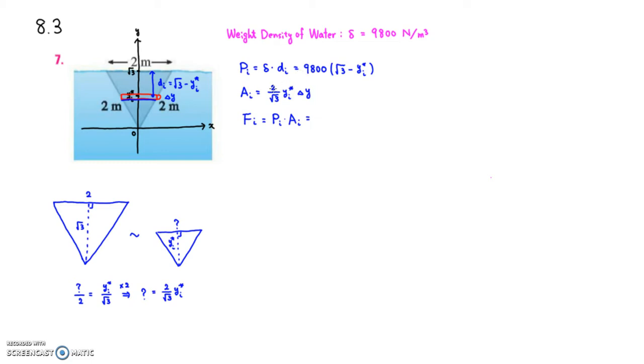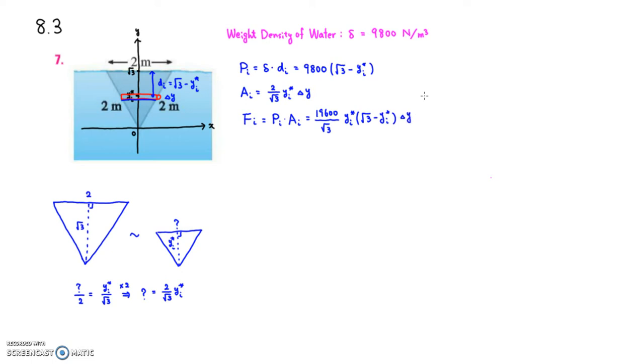I'm going to multiply 2 and 9800, which is 19600. Then there's a square root of 3 in the denominator, and then you have a yi star, then the quantity square root of 3 minus yi star, and then a delta y.